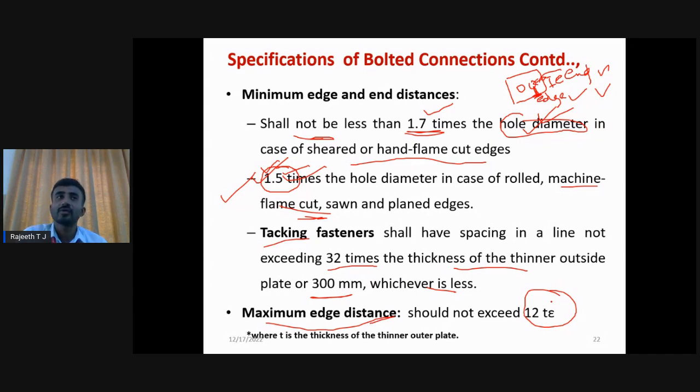If you go for 250 grade yield strength steel, then epsilon will be 1. So 12 times T, where T is the thickness of the outer plate. This is the maximum edge distance, also according to the code. To give the most efficient joint, we should follow these values, that is the minimum and maximum pitches and also the minimum and maximum edge and end distances.